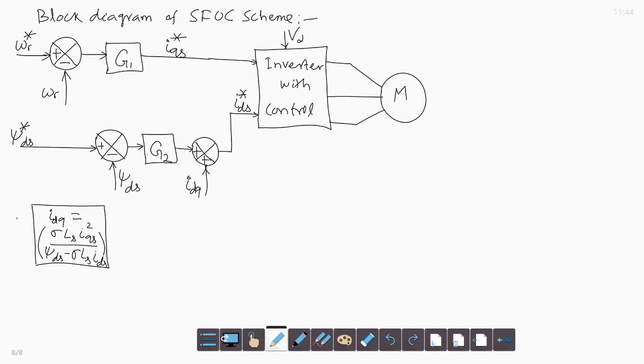So, this takes the actual stator currents IDS and IQS and also psi ds as the inputs and generates the compensating current IDQ by implementing equation number 15, and this IDQ is added with the flux controller output to generate the command value of the flux component of the current.